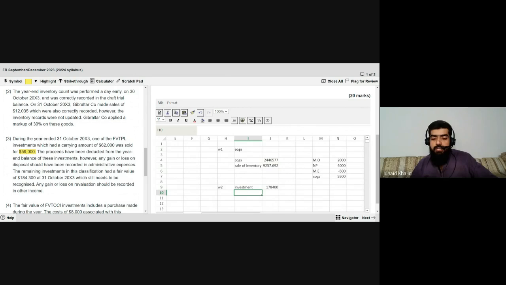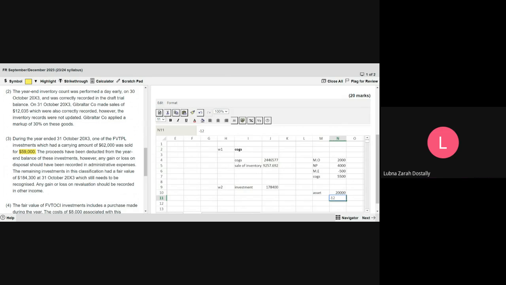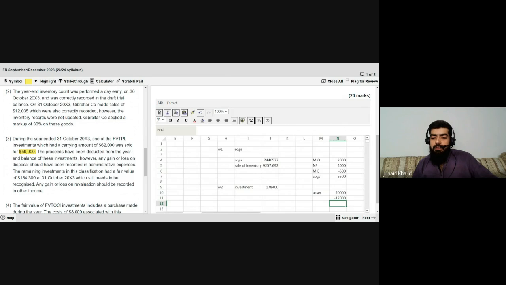Okay, let's take an example for this one. If I have an asset for, let's say, $20,000, and I disposed of one asset which had a value of 12,000, how much amount should be deducted from here? 12,000.